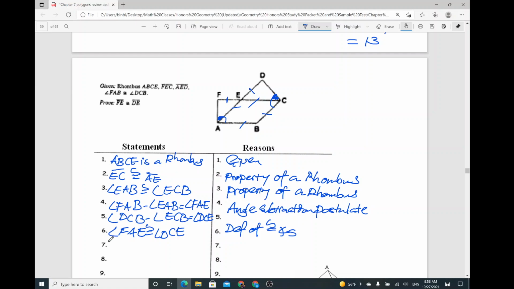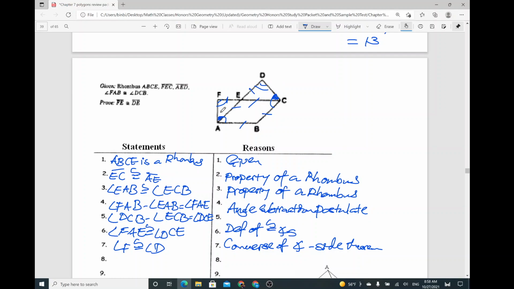So we can say that angle F is congruent to angle D. This one is by using the converse of the isosceles triangle theorem, because these two sides are congruent, so the opposite angles have to be congruent as well.